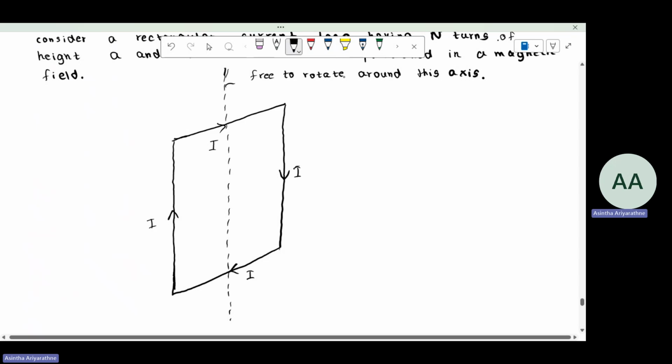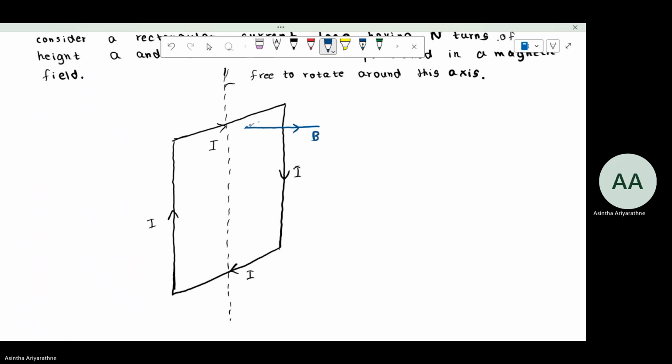Right, so there is a magnetic field acting in this direction, B. It is not parallel to the QR side of the loop PQRS.